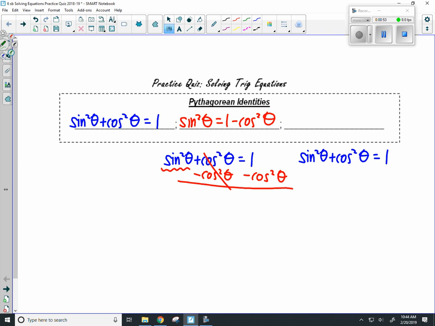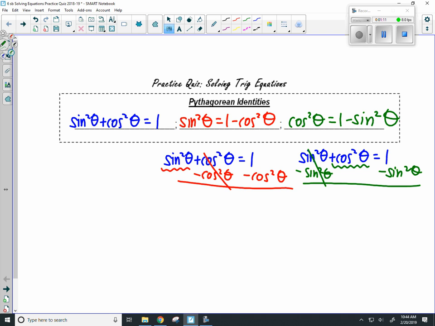And we can do that one more time. Again, going back to the original function, if I want to get cosine squared by itself, I'm going to subtract sine squared from both sides. So that will leave you with cosine squared theta is equal to 1 minus sine squared theta.